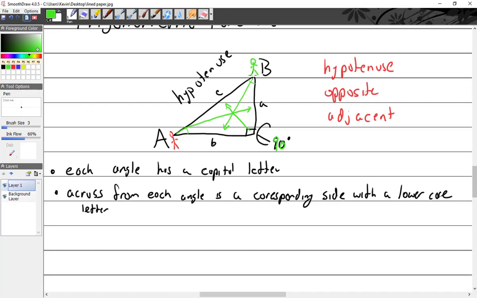Since I'm over here, Tim has to be over here at B. He's not a Martian. For him, A is adjacent. B is opposite, and C is hypotenuse. Mine is my hypotenuse. And if you're over here, which one is the hypotenuse? C. See, it changes when you're over here. So it's always going to be from A or B where we're referencing it.